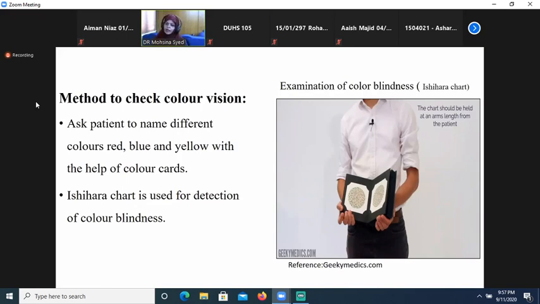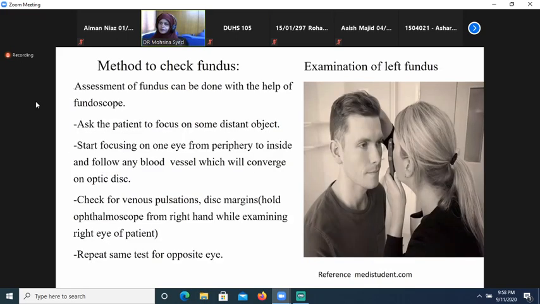Now, the fundus examination. For the fundus examination, you need a fundoscope. It should be performed in dim light, so first turn off the lights, and then sit opposite the patient. Ask the patient to focus on some distant object, and then we will check first the right eye and then the left eye.